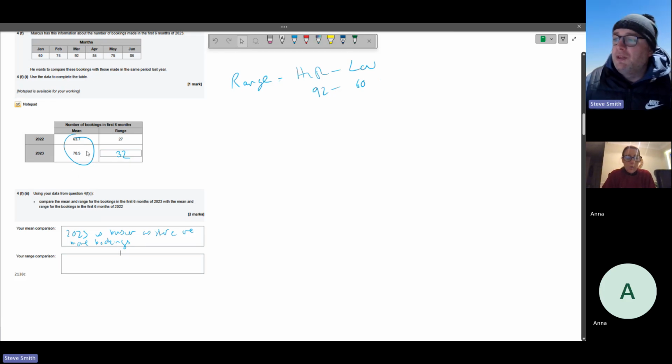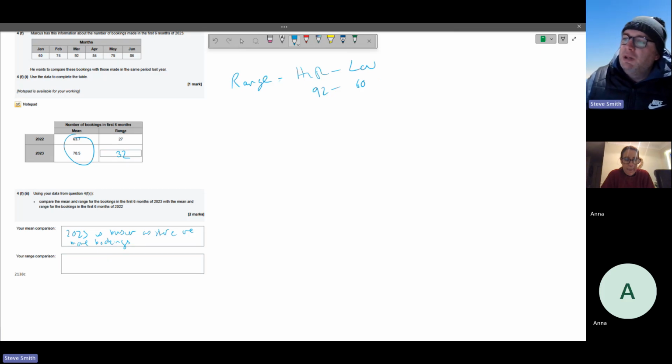We've said that 2023 is busier. For the range, what we want is the smaller the number, the more consistent. So we could say here bookings in 2022 were more consistent.